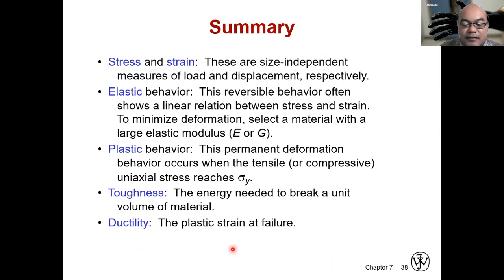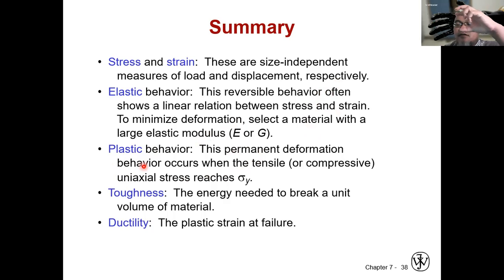Okay, as a summary, these are size independent measures of load and displacement, respectively: stress and strain. Elastic behavior is reversible behavior shown as a linear relation between stress and strain. To minimize deformation, select a material with a large elastic modulus E or G. Plastic behavior is when it goes beyond this elastic linear region and the material starts to deform, shown by this deviation in the curve.